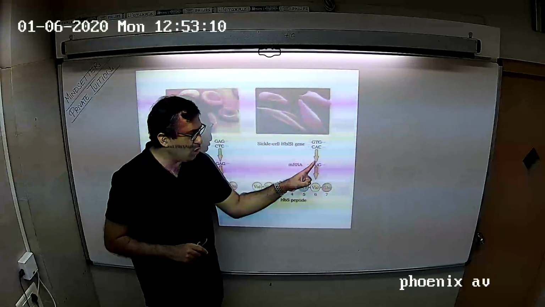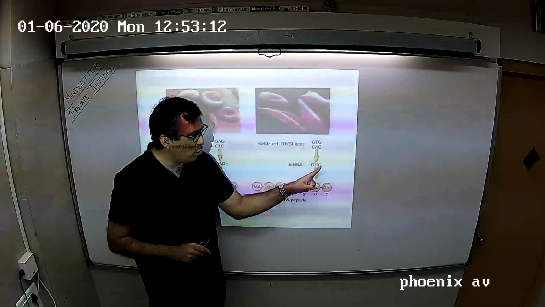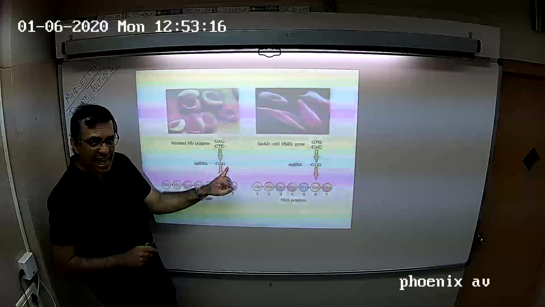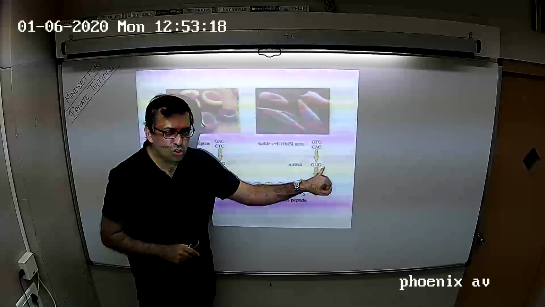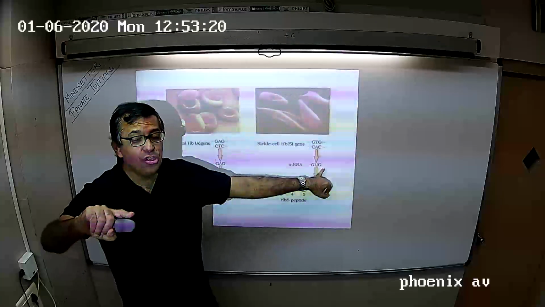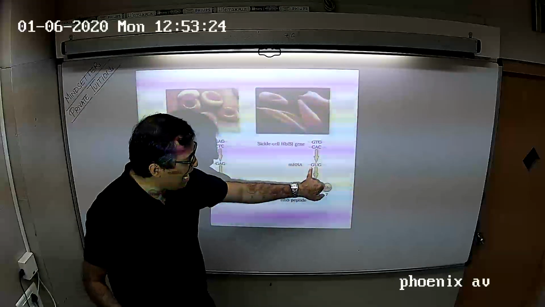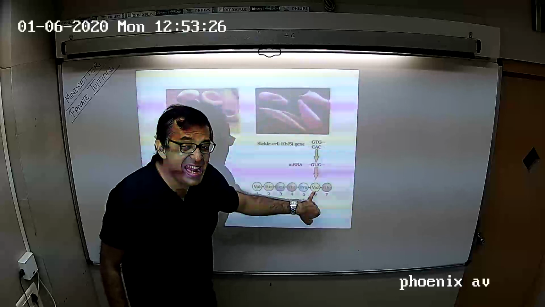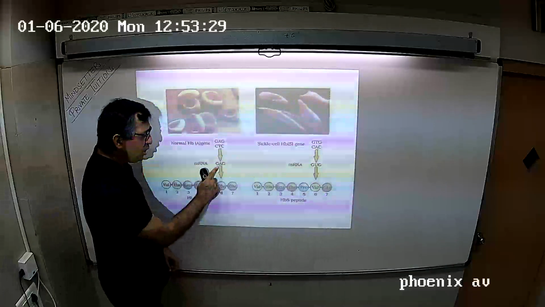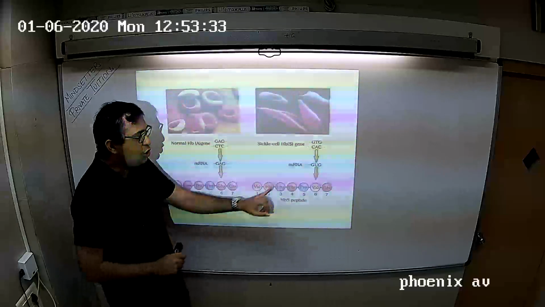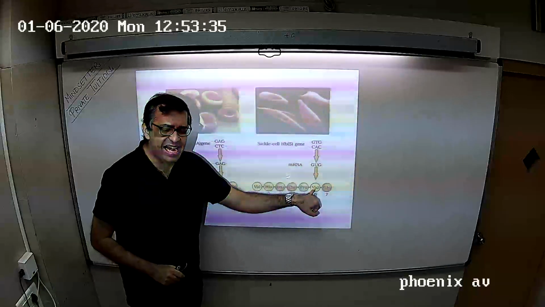C codes for G, A codes for U, C codes for G. GUG codon हो जाएगा. So GAG codon की जगह GUG codon हो जाएगा, and GUG when it undergoes translation attracts valine. If you remember, GAG had coded for glutamic acid, GUG codes for valine.